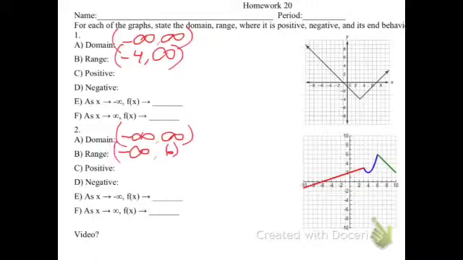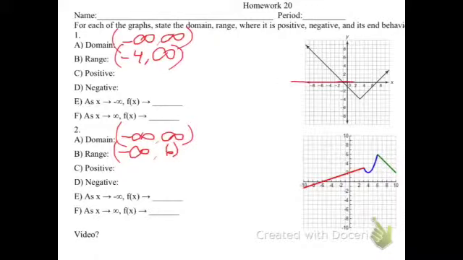Jumping back up to the top, where is this graph positive? Well, it's positive as long as it's above the x-axis. This one starts over here at negative infinity. And remember, on these, you're writing down the x value, the domain. For what domain is the graph positive?